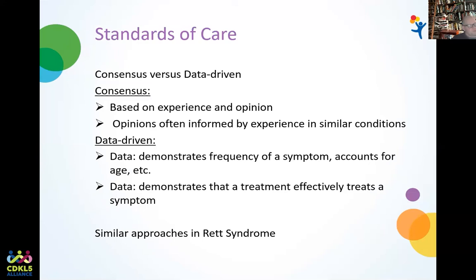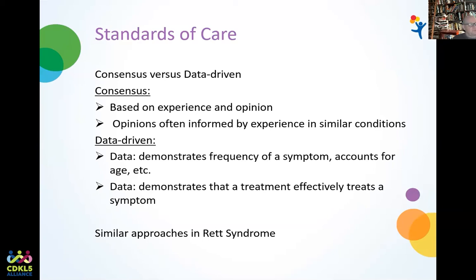So standards of care. When you're developing standards of care for any disorder, these can be either consensus or data-driven. So consensus is based on experience and opinion. And these opinions are often informed by experience in similar conditions.